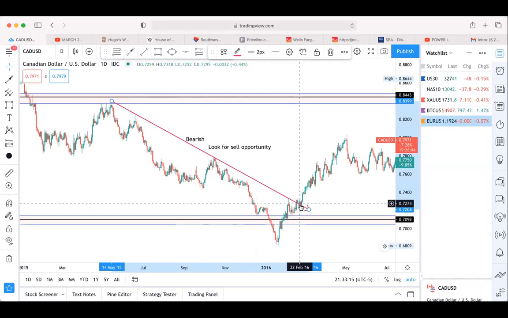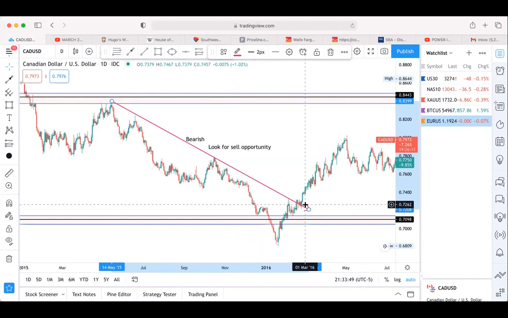The moment the market broke through this line, came back down and retested it, at that point you just know that the market is no longer bearish. The market is now bullish. So I'm not going to be looking for sell opportunities anymore after here. I'll be looking for what? Buy opportunities. Because it broke my trend line.